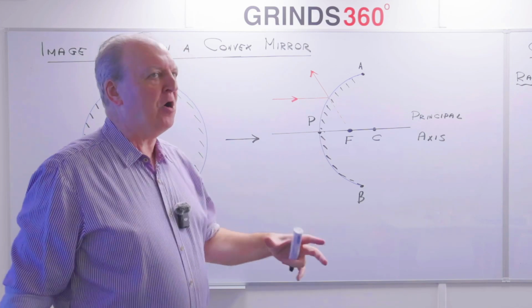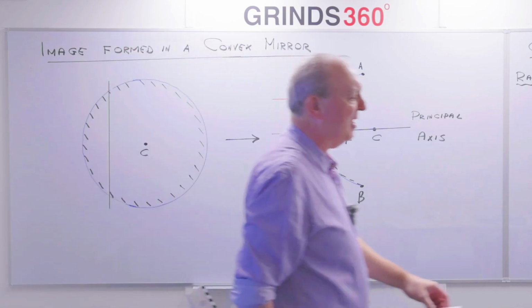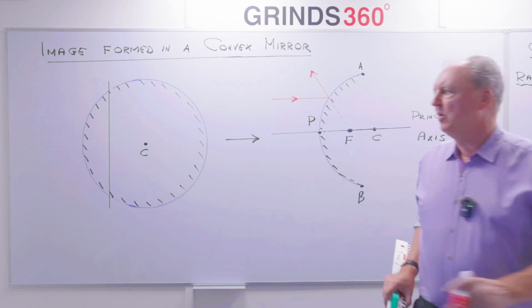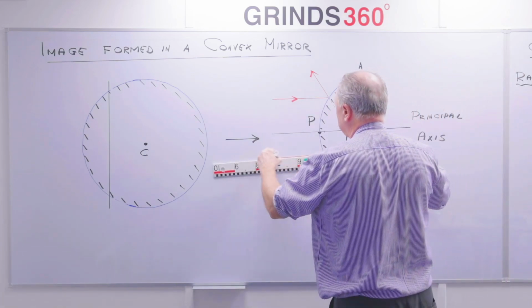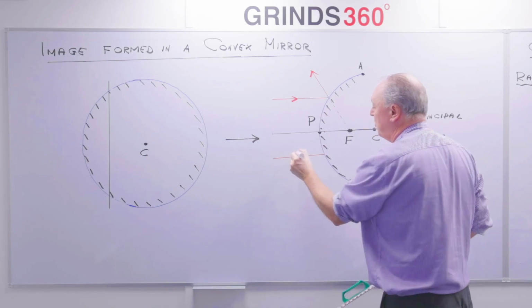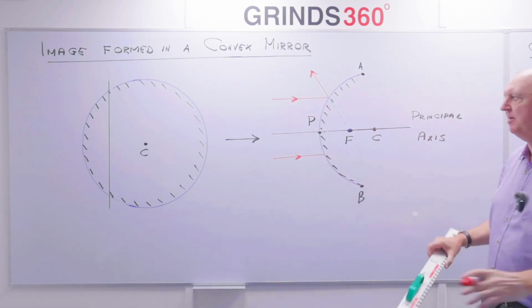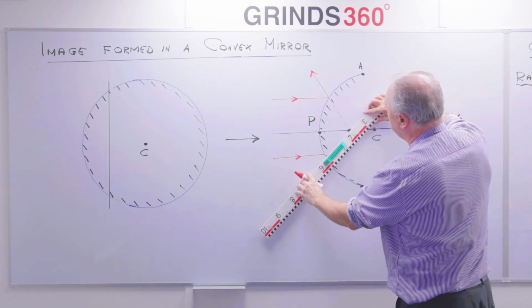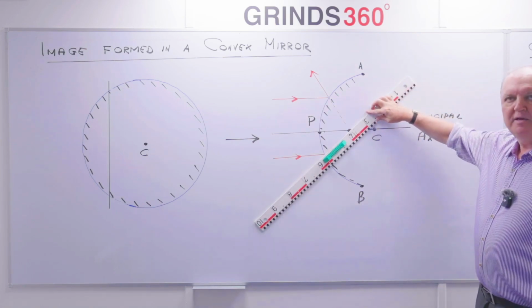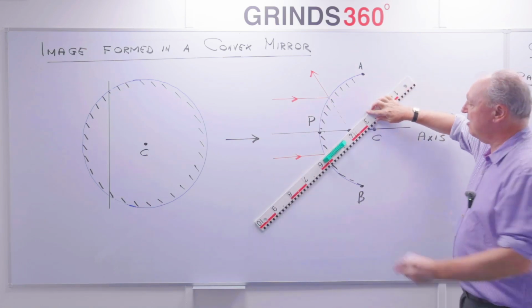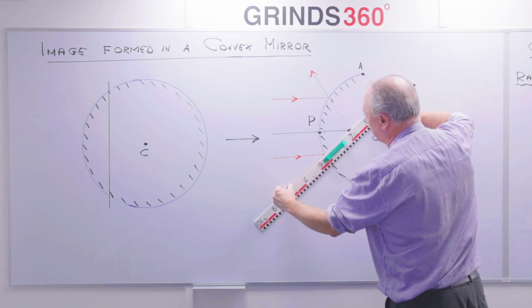Basically, all rays of light that are parallel to the principal axis, where will they end up? They'll end up being reflected. They can't go through the focus because the focus is behind the mirror, but they'll be reflected as if they came from the focus. So I'll put my ruler down like that, I'll have the focus along it, and here's my ray of light getting reflected.